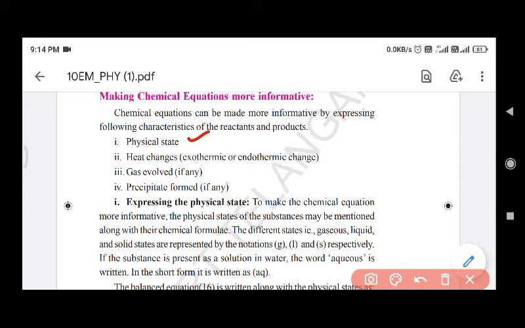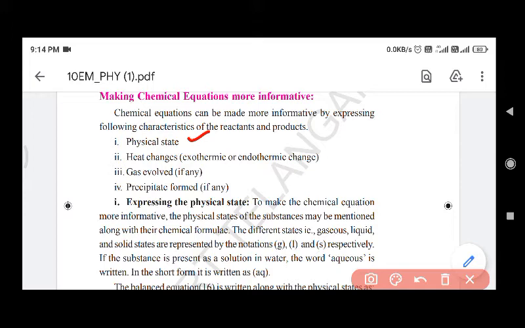And heat changes: to complete a particular chemical reaction heat may be involved, or in some chemical reactions heat may be released. So either heat involved or heat liberated we have to represent while writing the chemical equation. By looking at the chemical equation we come to know the state of the substances and also whether heat was involved to complete the reaction or liberated during the reaction.